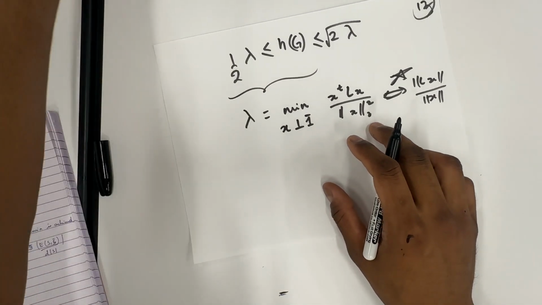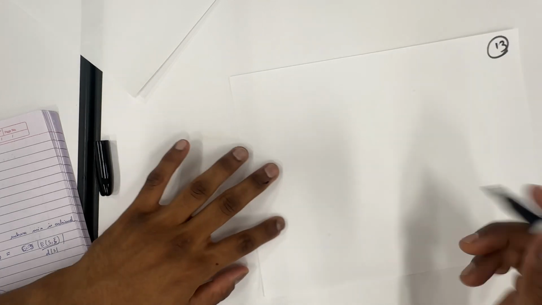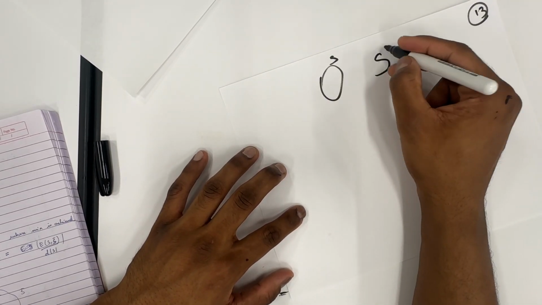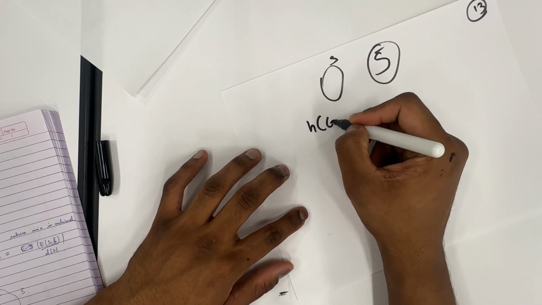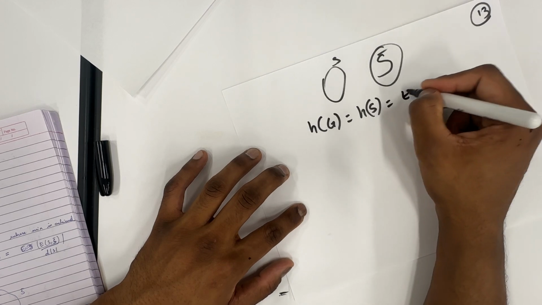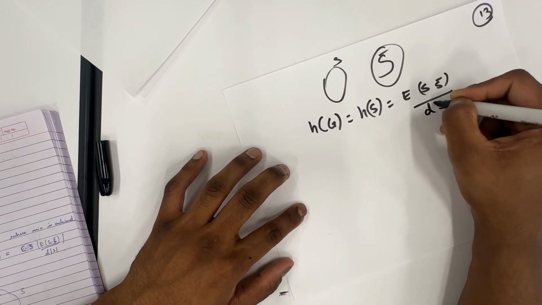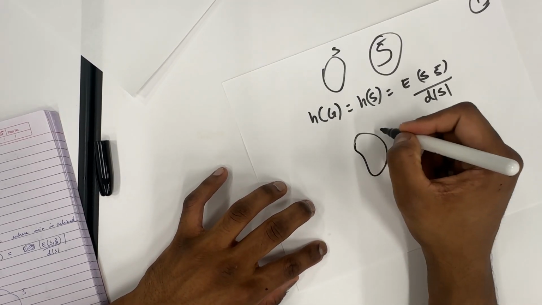So let's say my set S is the one where the minimum expansion is achieved. So h of G is h of S, which is equal to the edges running from S to S bar divided by d times the number of elements in S, right? So let's consider this.